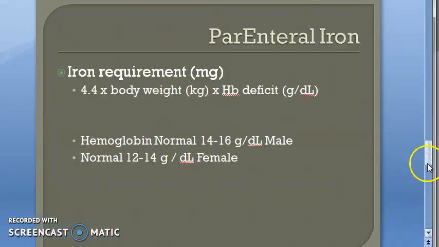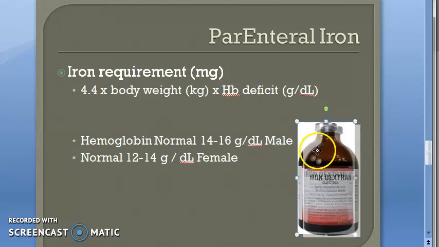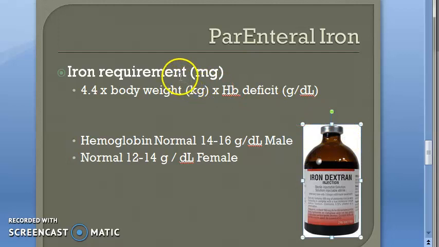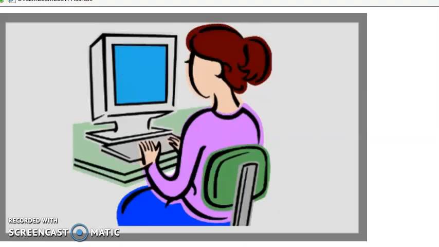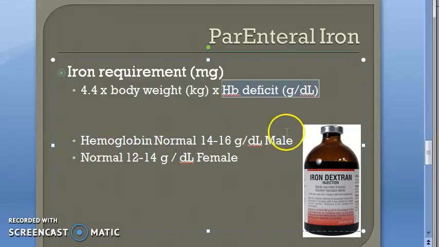Now, parenteral iron, how do you calculate how much you have to give? There's a formula here. The amount of iron you give in mg is 4.4 into body weight in kg into the hemoglobin deficit, in gram per deciliter, whatever deficit, okay?